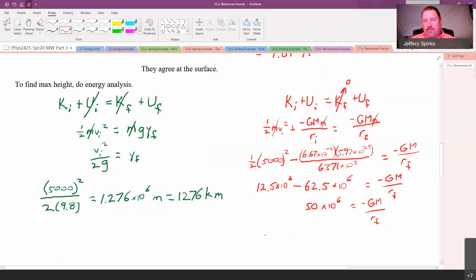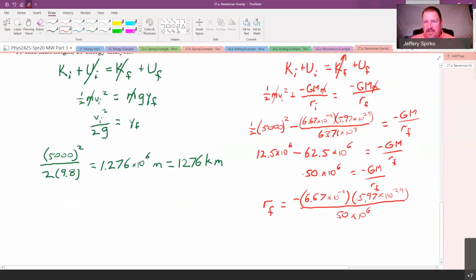And my R final is equal to minus 6.67 times 10 to the minus 11th, 5.97 times 10 to the 24th, all over 50 times 10 to the sixth.